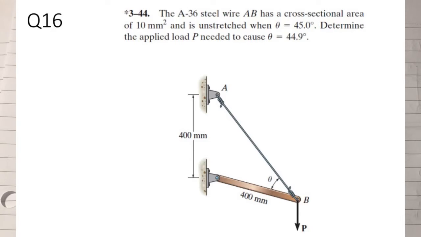So soalan ini minta determine the applied load P needed to cause theta equal to 44.9 degree. So maksudnya berapakah amount of load dia perlu supaya theta would drop to 44.9 degree. So ini question membabitkan elongation and stress.